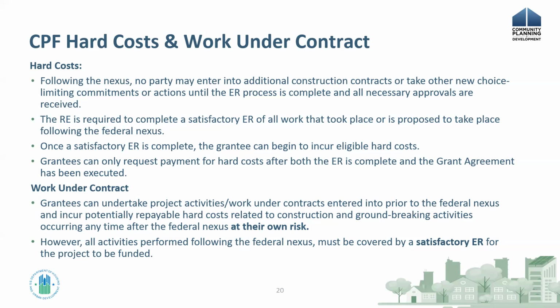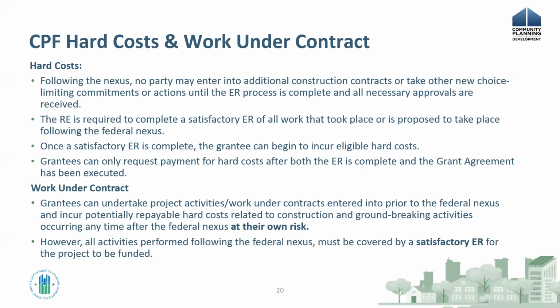Grantees are technically allowed to undertake physical work under those contractual obligations that were entered into prior to the federal nexus and can incur those activity costs that are or were performed anytime after the federal nexus as hard costs, and they could potentially be eligible for repayment.